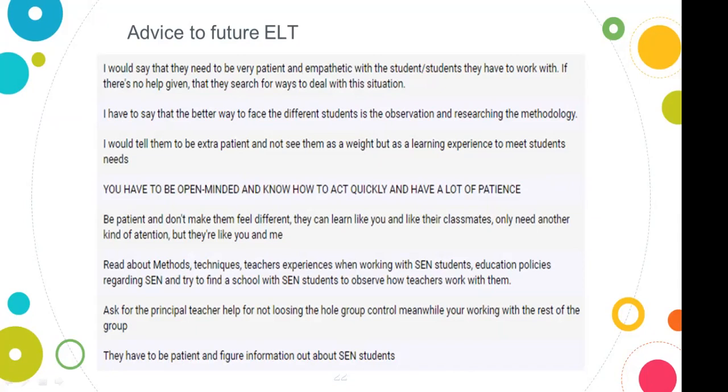Be patient and don't make them feel different. Read more about methods. Ask for the principal teacher's help for not losing the whole control of the group. They have to be patient and figure out information about SEND students.